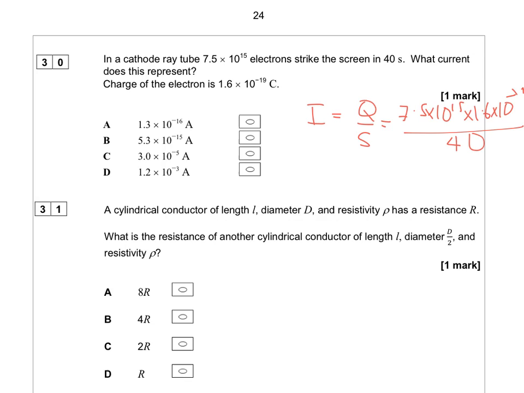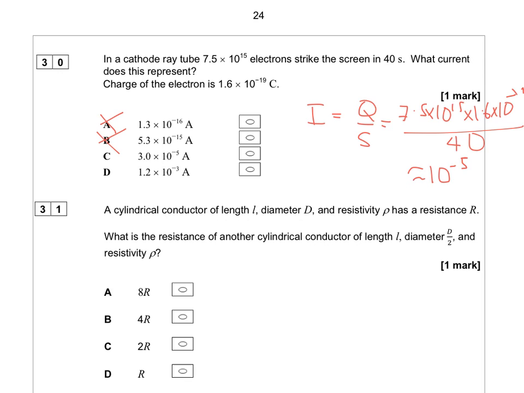So you've got 10 to the 15 and 10 to the minus 19, so that gives you 10 to the minus 4, divided by something to the power of 1, so you're going to end up with something that's around 10 to the minus 5 there.